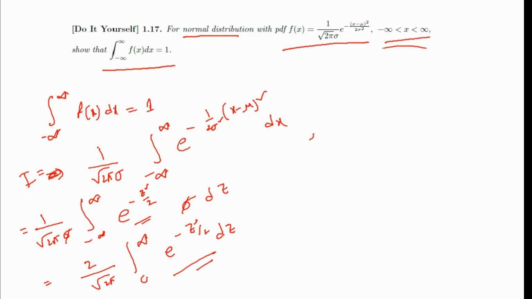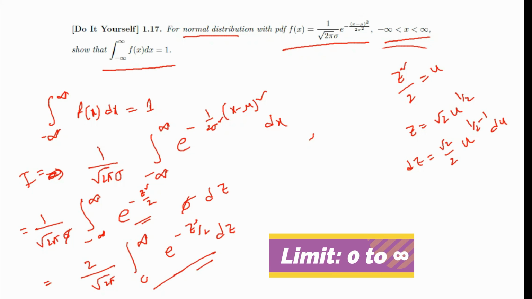So this is a gamma function, and we will try to solve that one. So for that we have to substitute z square by 2 equal to u, so z equal to root 2 u to the power half, and dz equal to root 2 by 2 u power half minus 1 du, and the limit will be 0 to infinity.